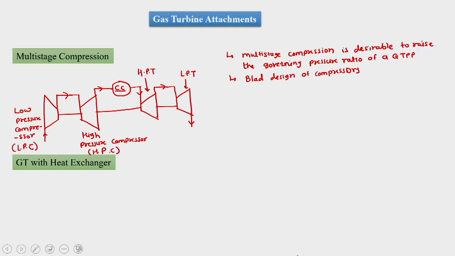Then we have the gas turbine power plant with heat exchanger. This arrangement is very specific to the open cycle gas turbine power plant. In our open cycle gas turbine power plant, we first have the compressor, and we let the gas go out into the atmosphere from the turbine, but here we will not let that happen.